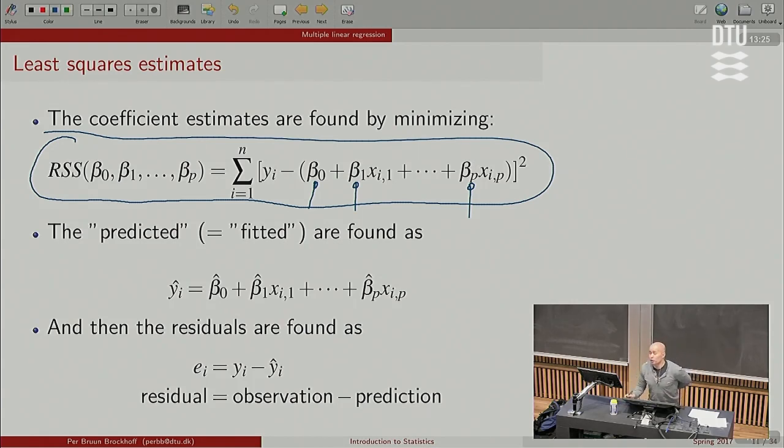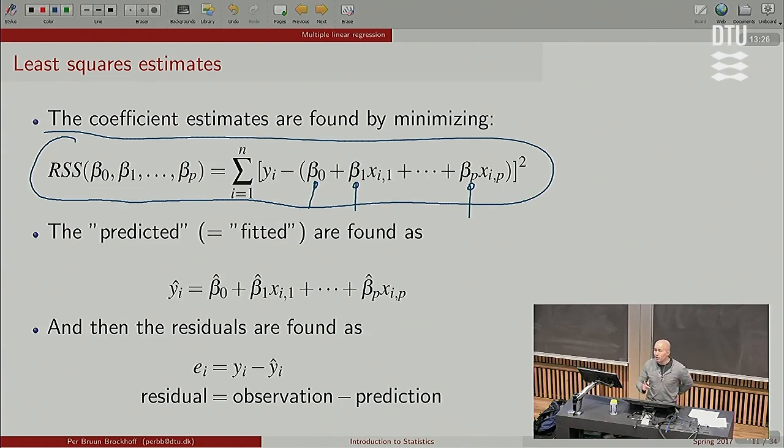This is a p plus 1-dimensional optimization. For a mathematician, that's pretty straightforward. We could just take the derivatives of all of them, set them equal to 0 and solve the system. It's going to be a linear system, but this is not part of this course. We'll just have to understand that that's what the function is doing for us.